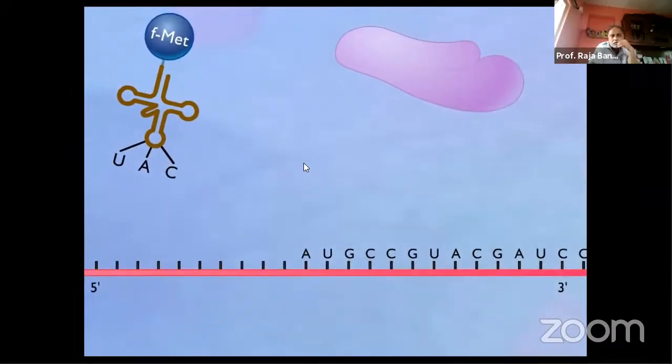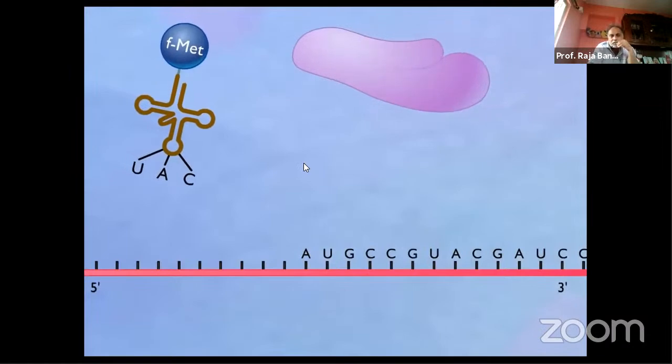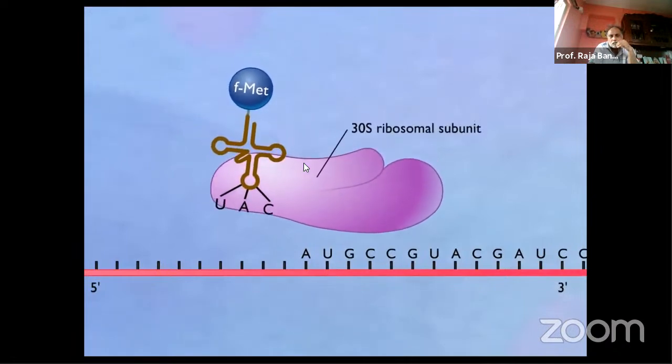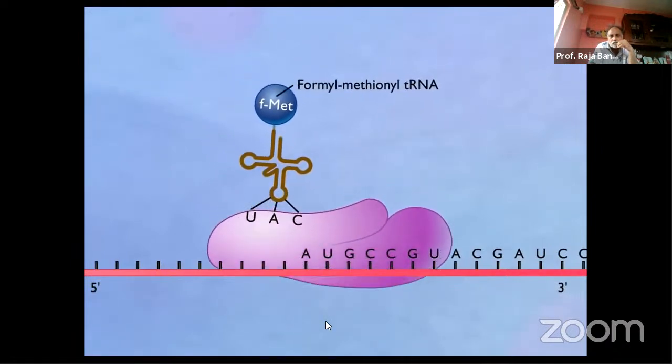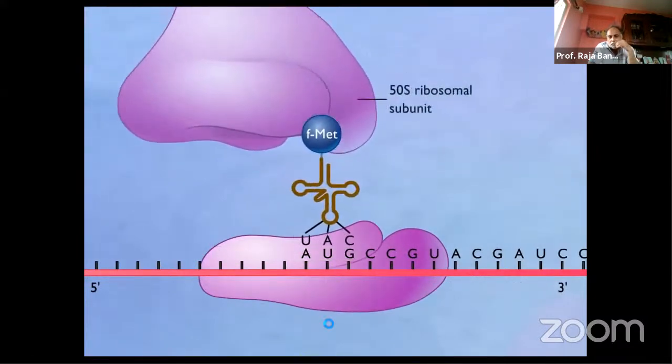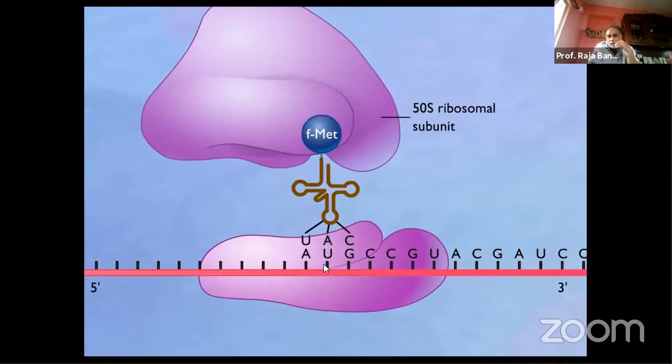In prokaryotic cells, translation is initiated by the formation of an initiation complex consisting of the 30S ribosomal subunit, formylmethionine tRNA, and messenger RNA, and then the 50S ribosomal subunit. So here you find that the mRNA is there with the codons, and the tRNA is coming. There are the three units: this is the mRNA part, this is the tRNA part, and these are the ribosomal subunits.